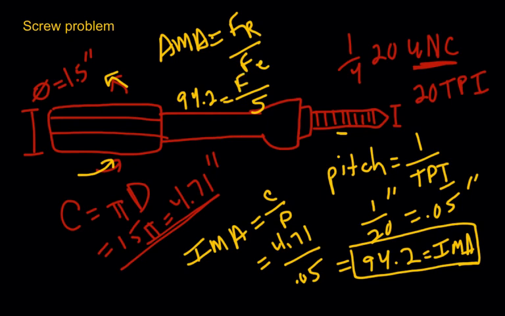And your resistance force is asking how much resistance force can be overcome if we exert 5 pounds. So the resistance force then is going to be 94.2 times 5, and I should be able to overcome 471 pounds of resistance force.